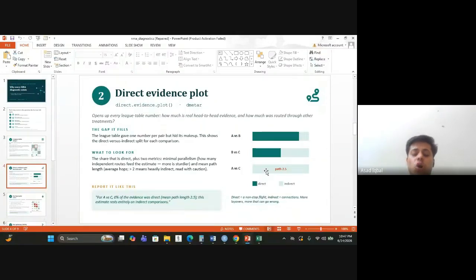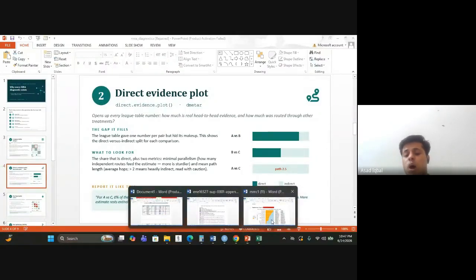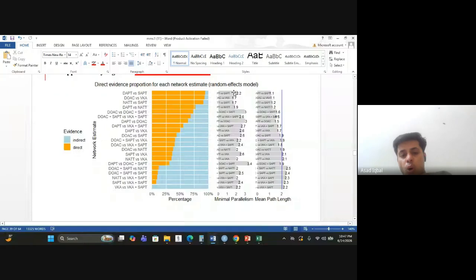Now, if you look closely, here in the direct evidence plot, there are two more columns. One is called minimal parallelism, the other is called mean path length. What these mean and their significance is important. If you look at the mean path length, there's a vertical line at two.